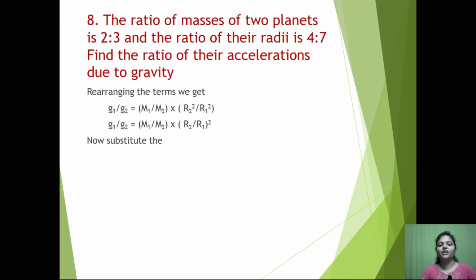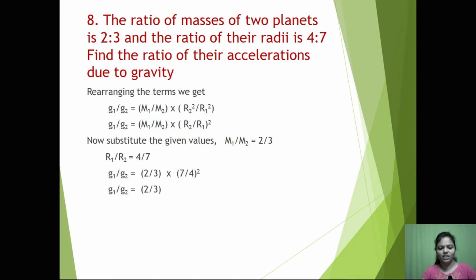Now we will substitute the ratio values which is given in our data. That is m1 divided by m2 and r2 divided by r1 values are given as 2 by 3 and 7 by 4. So g1 divided by g2 is equal to 2 by 3 into 7 by 4 the whole square. So g1 divided by g2 is equal to 2 by 3 into 49 divided by 16.